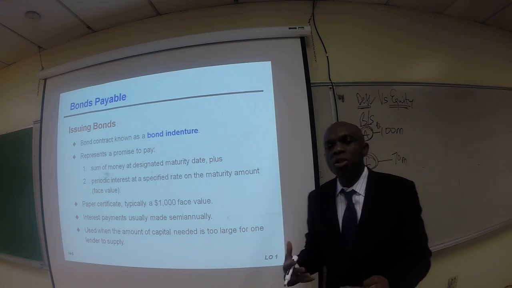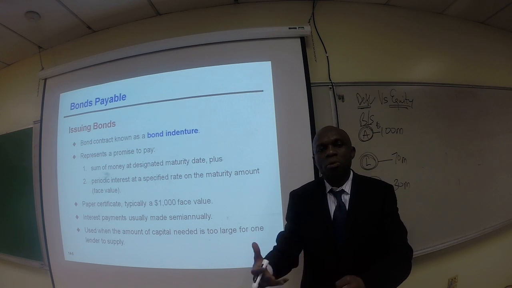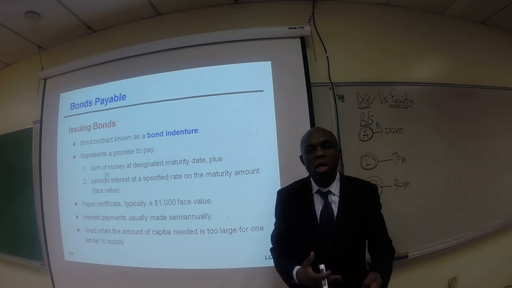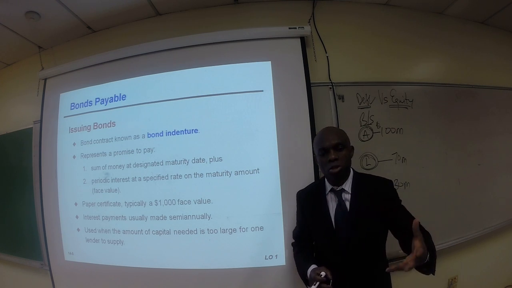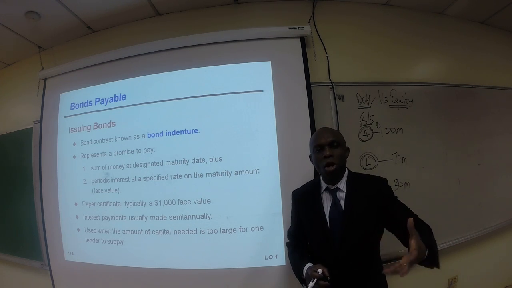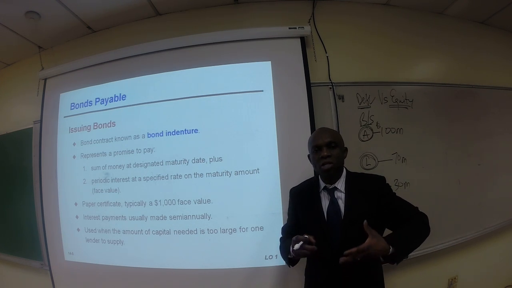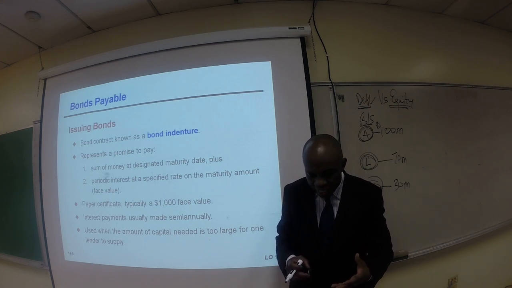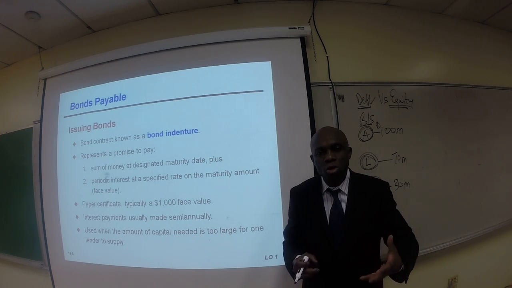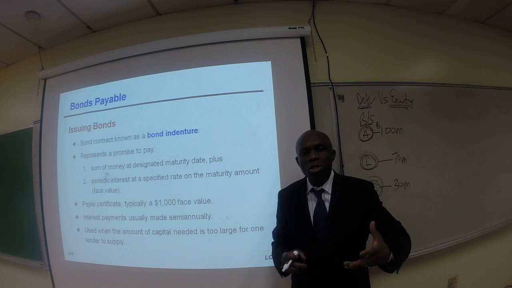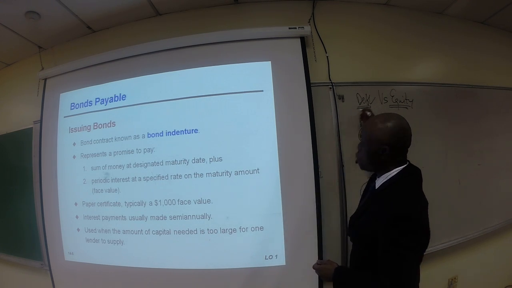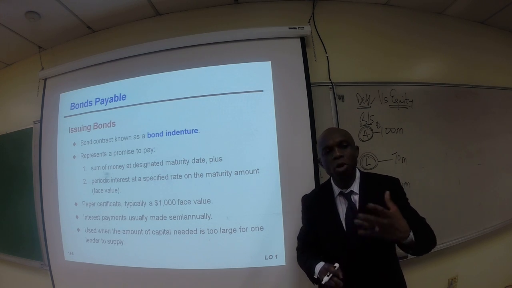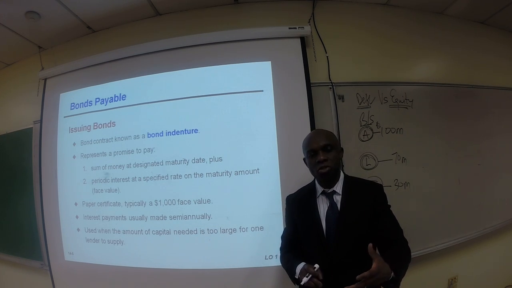Now, instead of issuing or selling common stock to the general public or to the investors, sometimes the company can decide to issue bond. Now, bond is also a financial security or a certificate that the company will issue to raise funds. However, bond is a debt security because the company is indebted to the bondholder or to the investor.